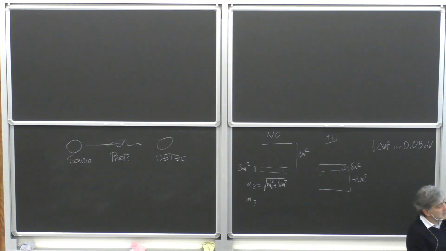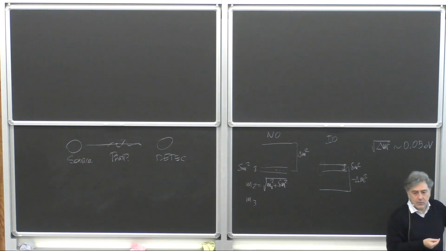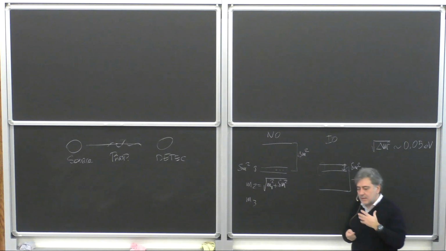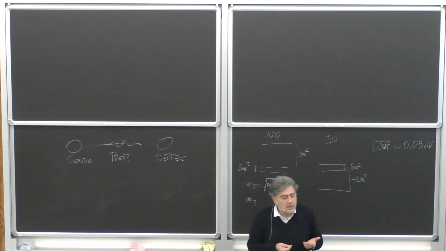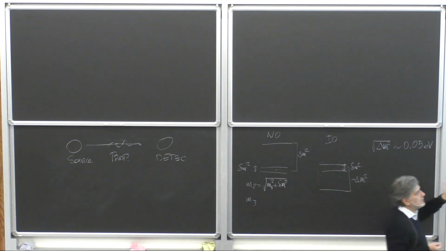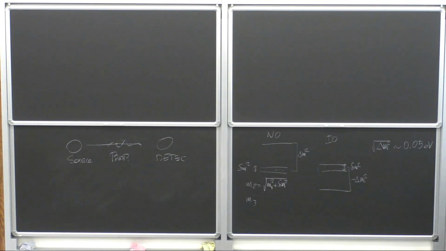When the two mass eigenstates are, let's say, close, there is the probability of a jump. And so you can calculate in a relatively easy way the probability that starting from up there, you can arrive, for instance, down here.